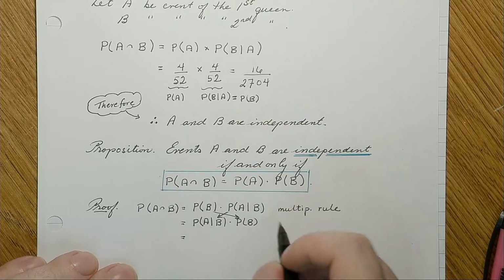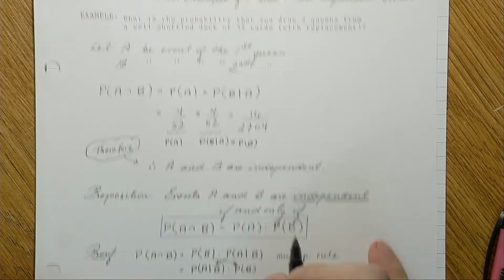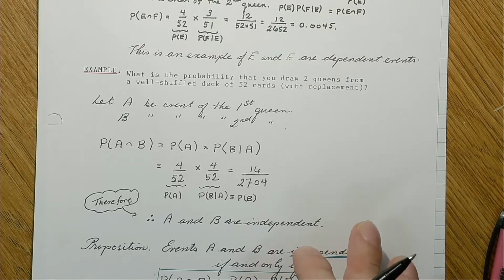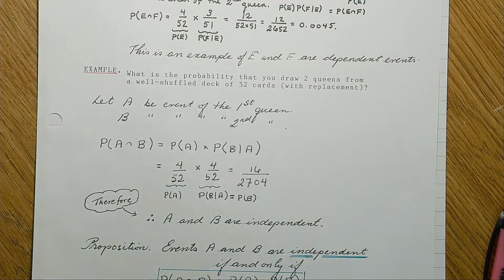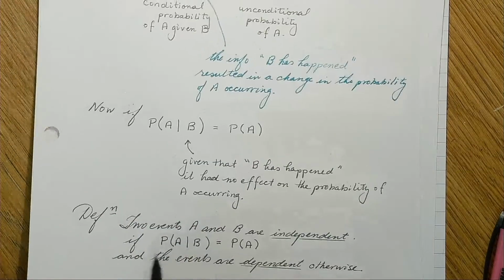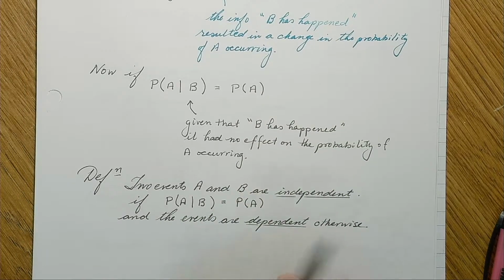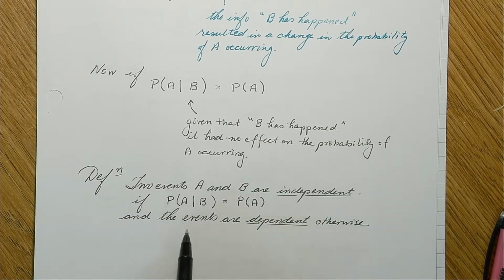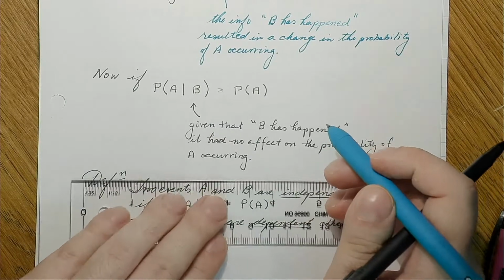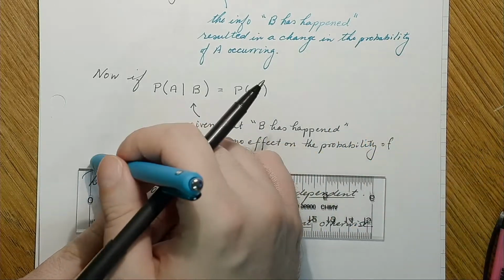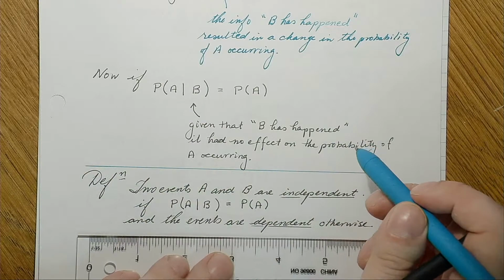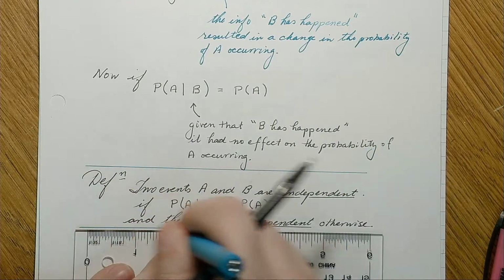And by definition, going back to our other sheet here, if two events are independent, the probability of A given B is equal to the probability of A. Again, something important enough that I will put it in a box.